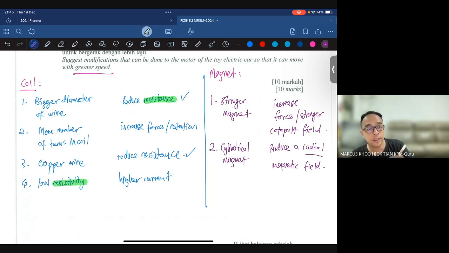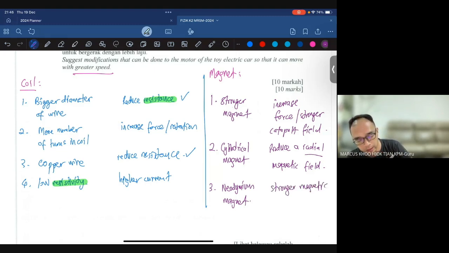If you remember from the previous class, the magnet that we use is called a neodymium. Ini adalah jenis magnet lah. A neodymium magnet because it has a stronger magnetic field. It's one of those magnets with a very big magnetic field lah.